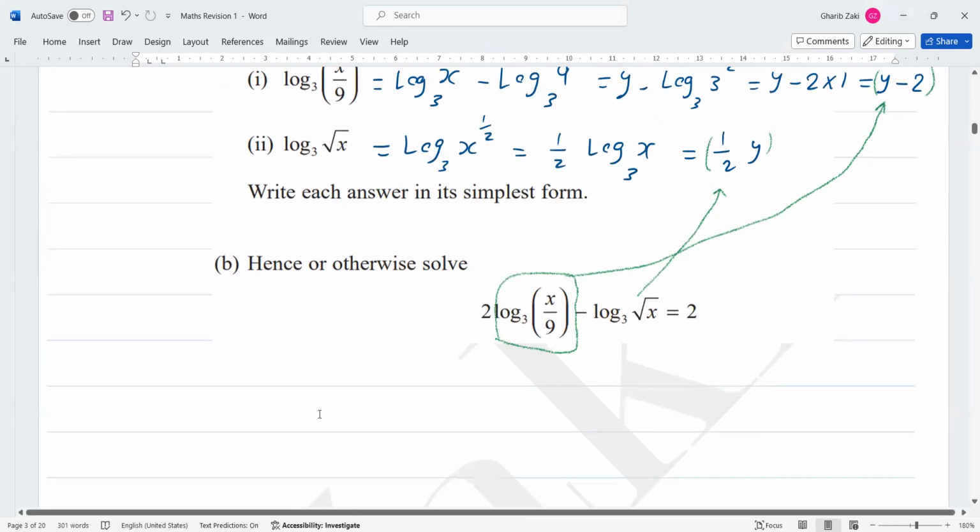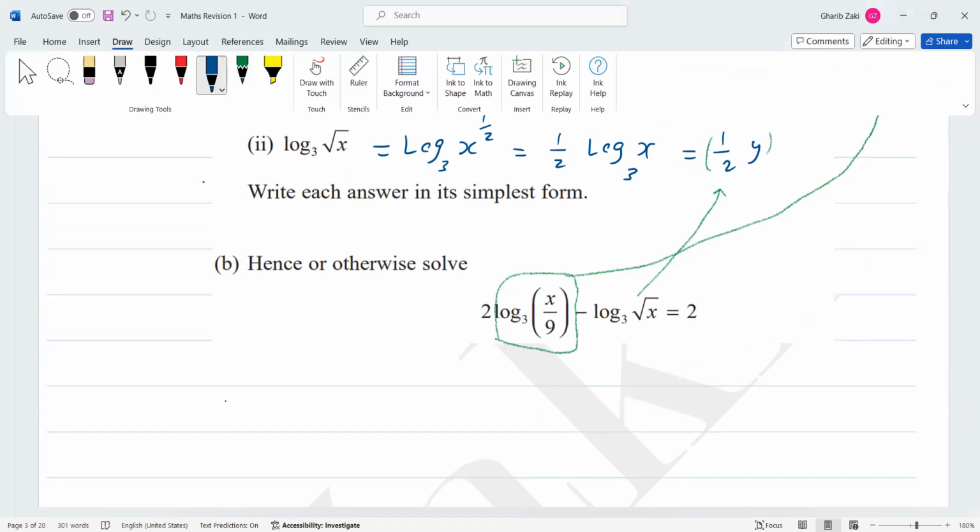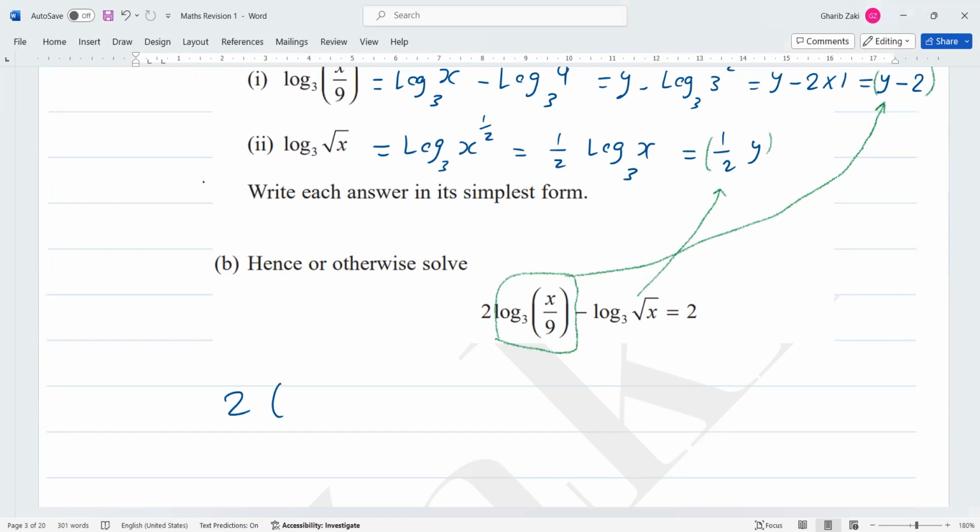Then we replace the logs by their values. Then it becomes 2, open bracket, y minus 2, close bracket, minus half y equals 2. Distribute 2 over the bracket. So it's 2y minus 4 minus half y equals 2.